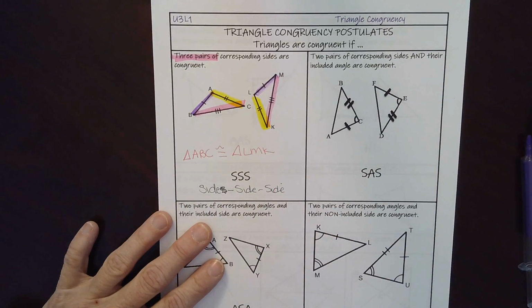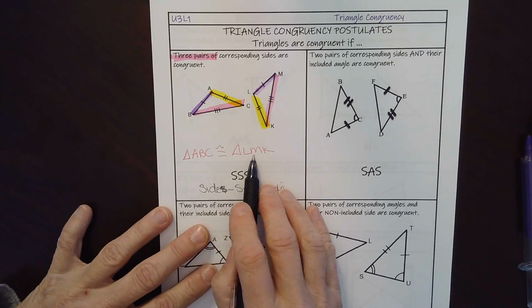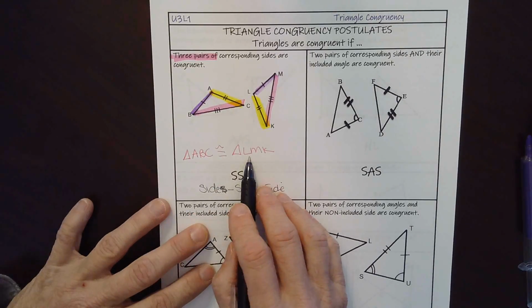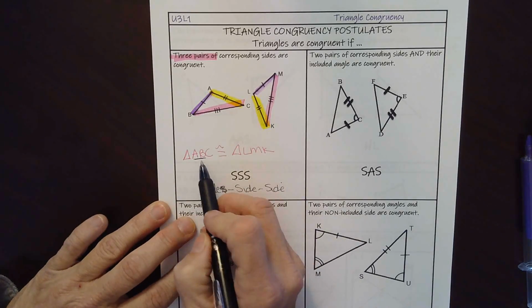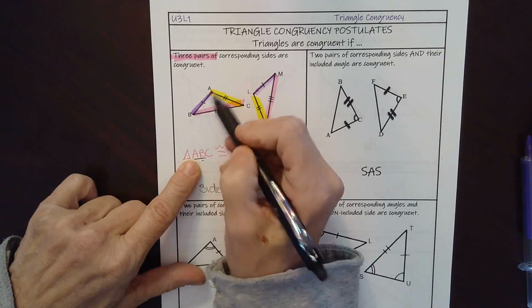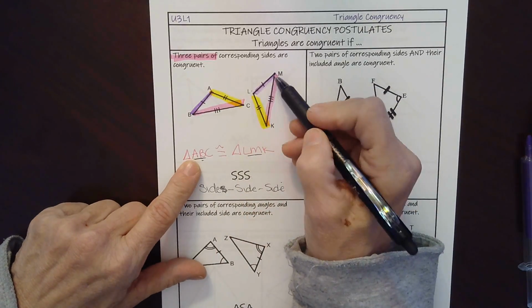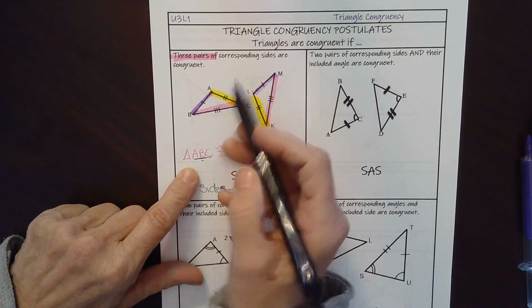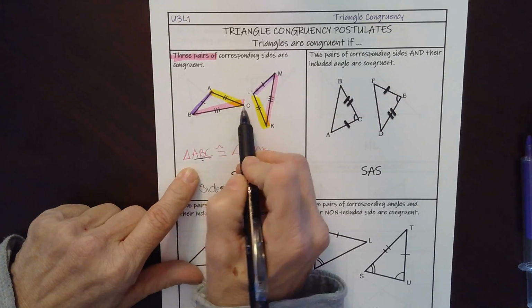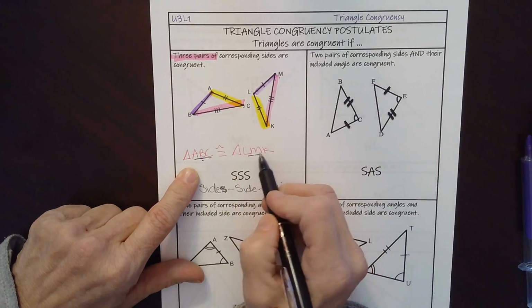So another way that you can make sure that you have named and labeled or set up this congruency correctly is ask yourself this: AB is congruent to LM. Is that true? And it is. How about BC? BC is congruent to MK.